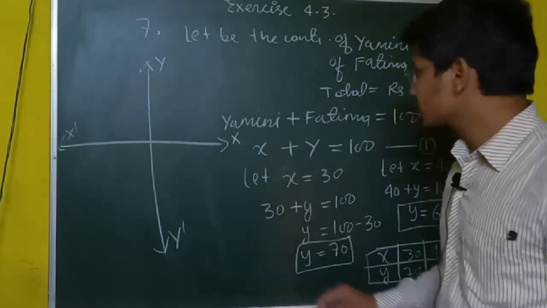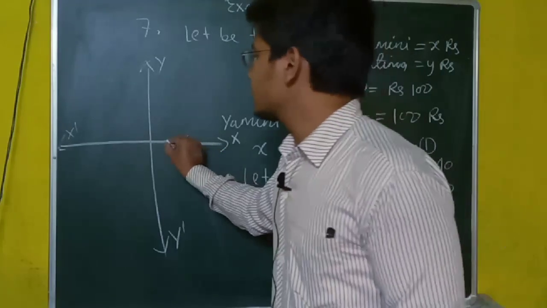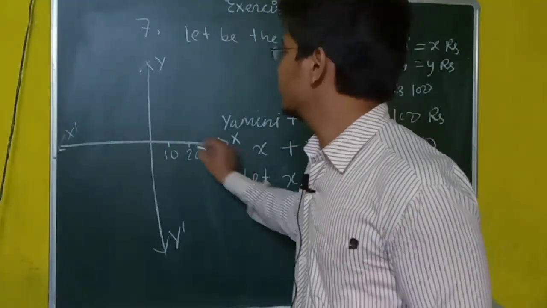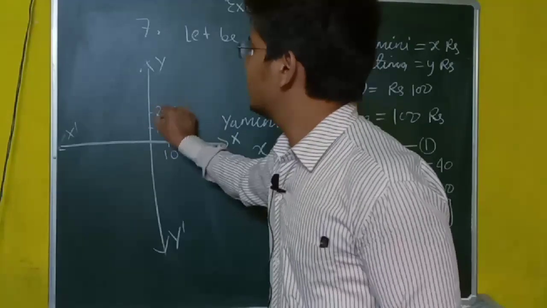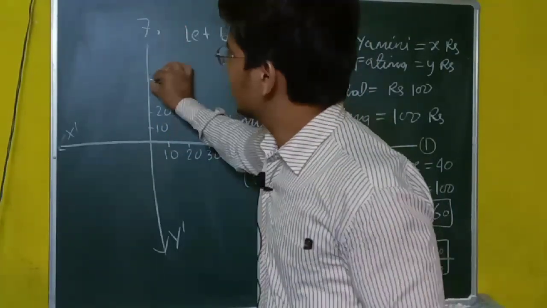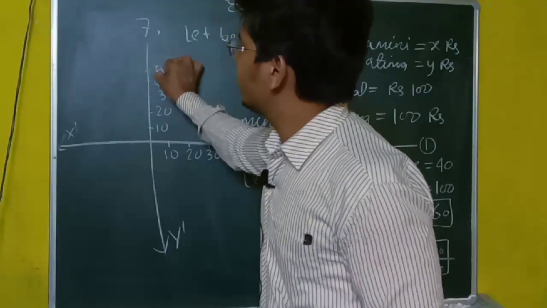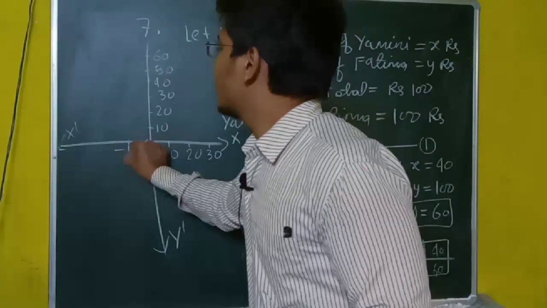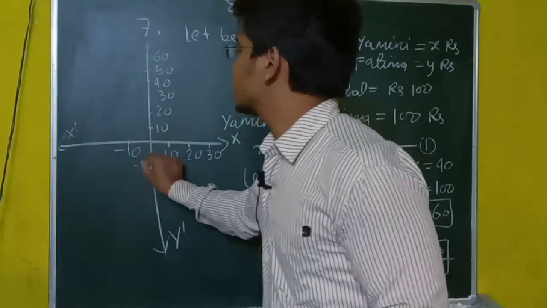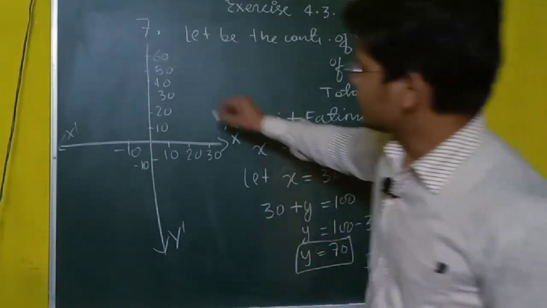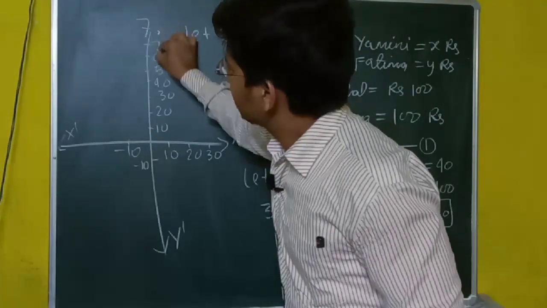Now here we will take a difference of 10: 10, 20, 30, 40, 50, 60, minus 10, and here minus 10. Now we have 30 and 70.